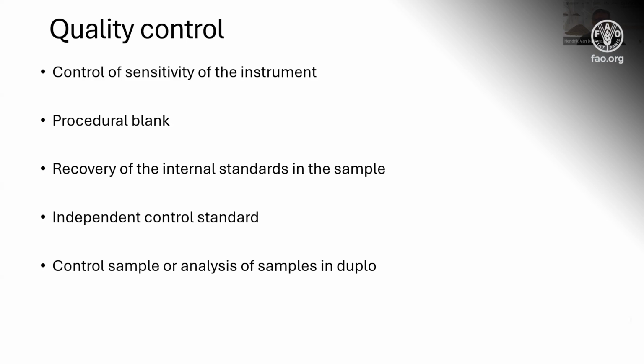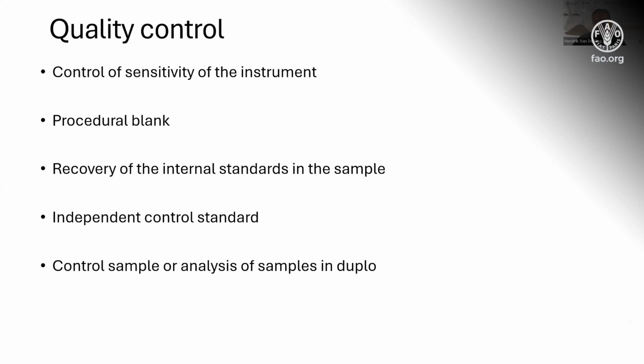We also have to calculate the recoveries of the internal standards in the sample. The recovery of the internal standards will tell us something about the cleanup and the extraction. If something went wrong with the extraction, then we will see that we do not recover the internal standards. If something goes wrong with the cleanup, you will also see it on the recovery of the internal standards in the sample. So for each sample, we have to look at the recovery of the internal standards.